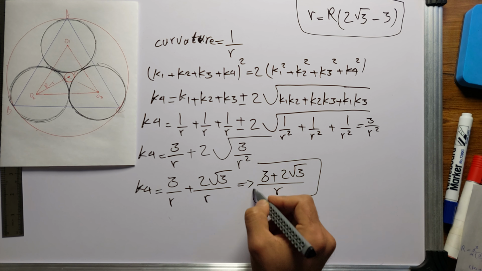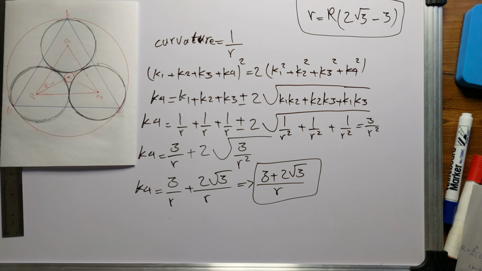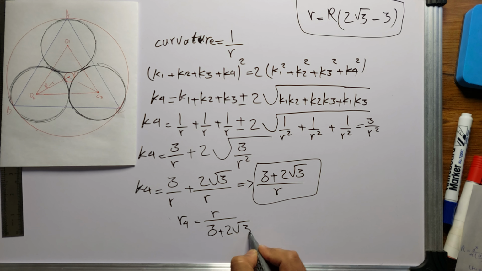So this is the curvature. It means this is the reciprocal of the radius of this small circle. So we can just write that the radius is the reciprocal of k4. So the radius, r sub 4 let's name it, of the smaller Soddy circle is r over 3 plus 2 square root of 3.